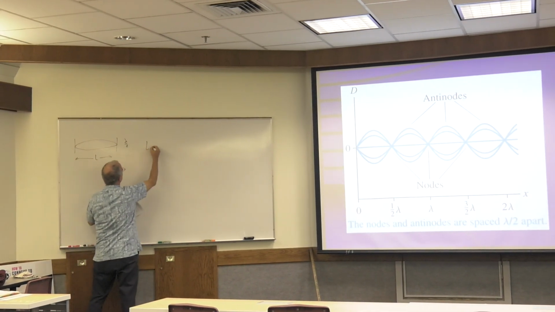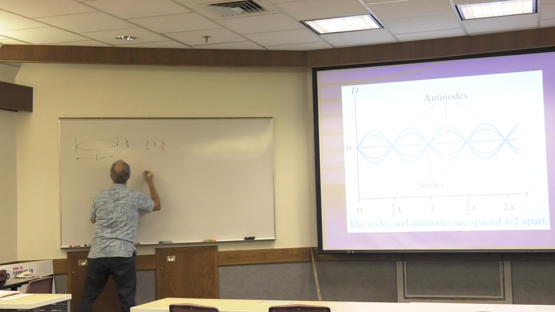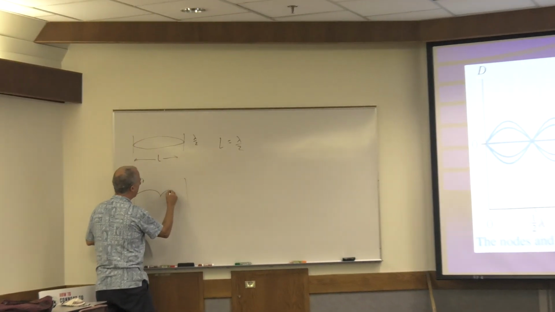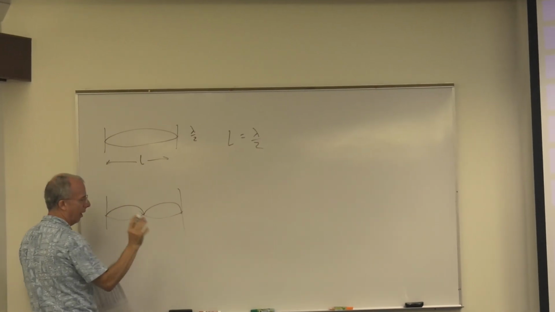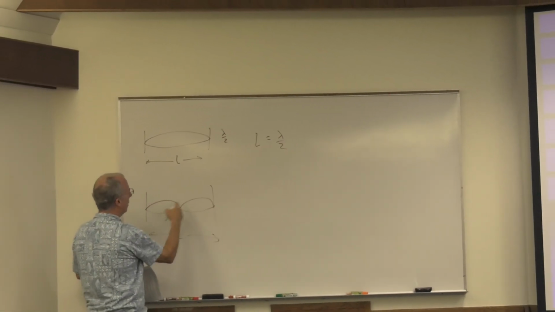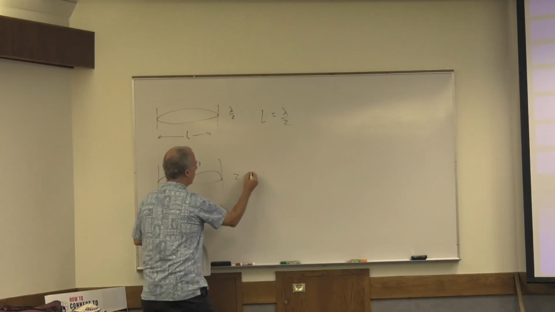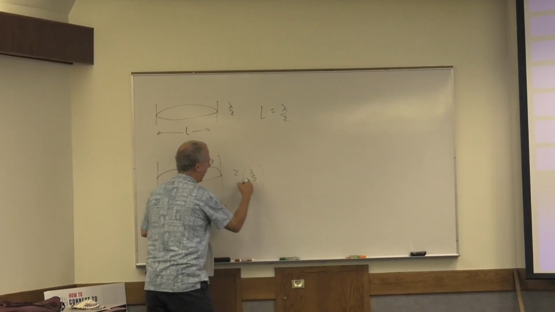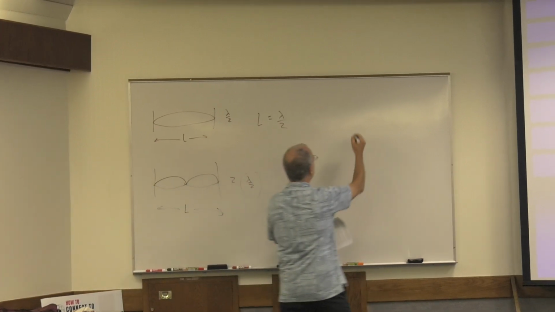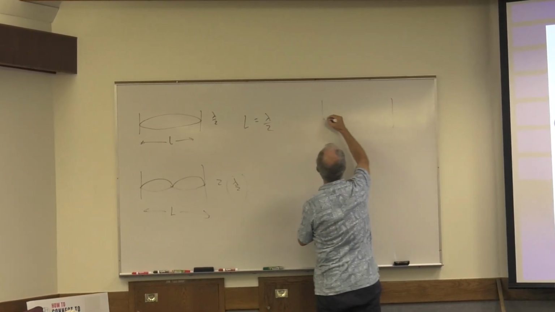So here the length of the string is half a wavelength. And then he said the second possibility was this. I'm not a good artist. Here you have two half wavelengths. I'm going to write it, two half wavelengths. Then the third possibility was like this.